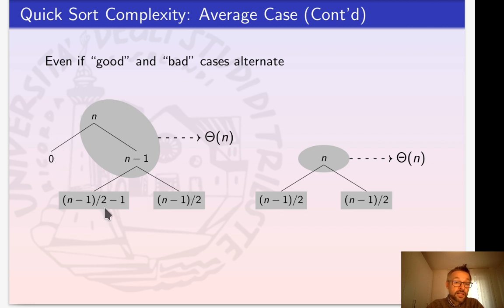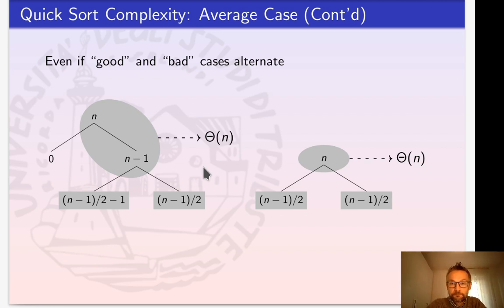So I'm left with an evenly partitioned part of the array, which is exactly what I got in the case of a lucky partition, a best case scenario. This is basically a proof that if I alternate good and bad cases, I end up, again, with a theta of n log n algorithm.